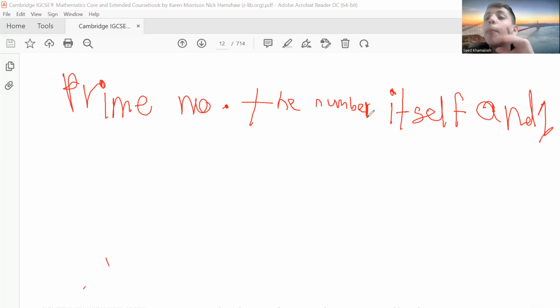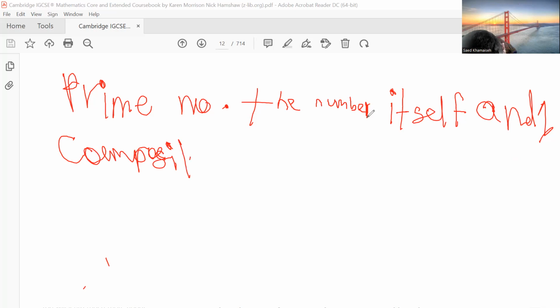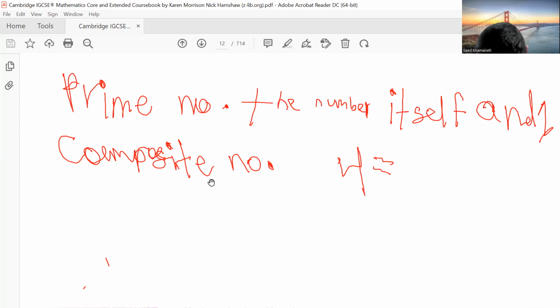There's another thing that is called a composite number. It has the number itself and 1, and other factors, like 4, for example.